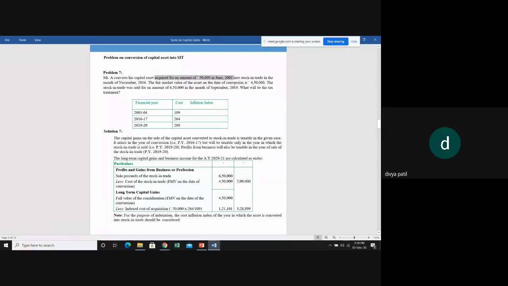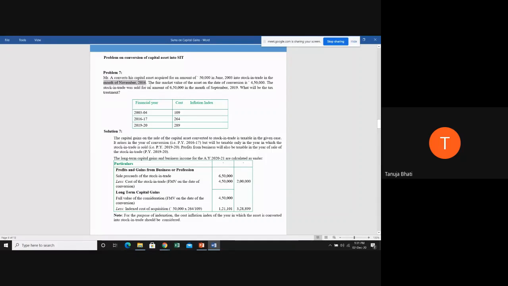Cost of acquisition. Very good. Now this 50,000, whatever he had acquired in 2003, he's converting it into stock in trade in which month? November 2016. So November 2016 becomes your year of conversion.